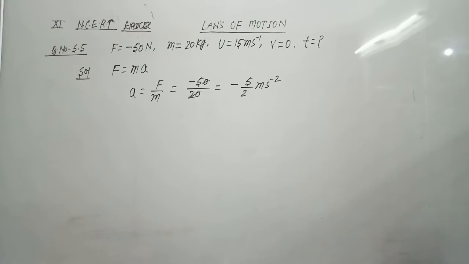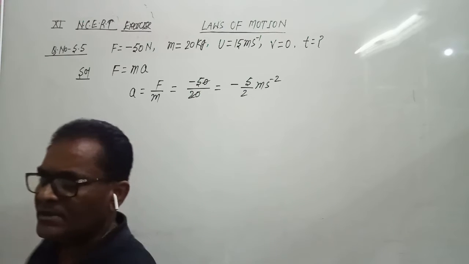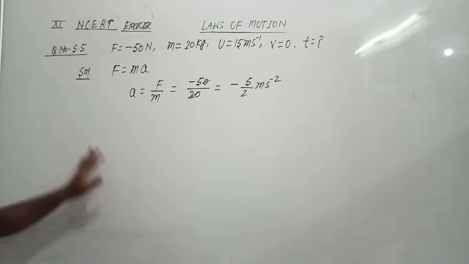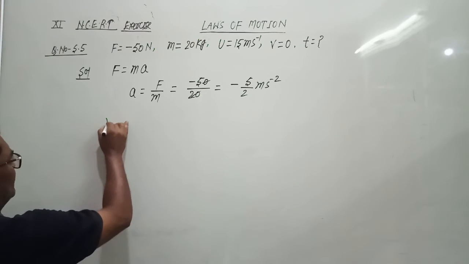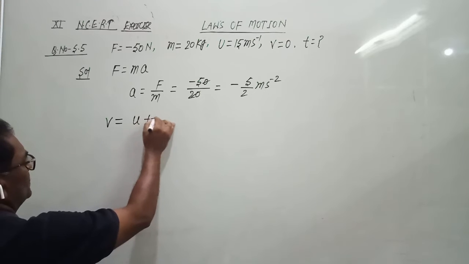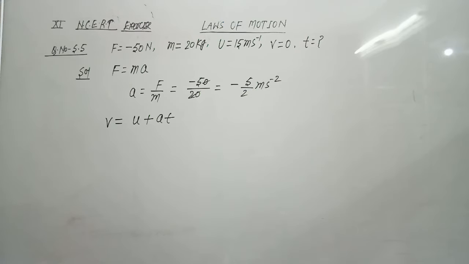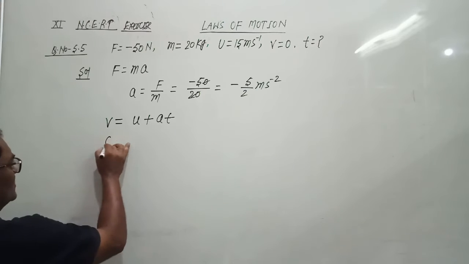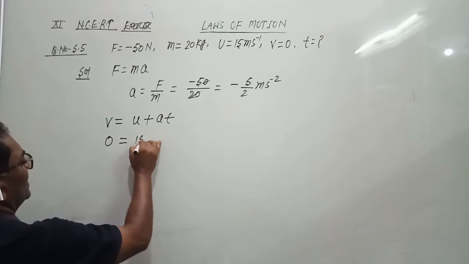This acceleration acts on the particle when a retarding force of 50 Newton is applied. The minus sign shows that the force is retarding. Now we have to calculate time. We use the first equation of motion, v equals u plus at. V is the final velocity, it is 0. Initial velocity is 15.